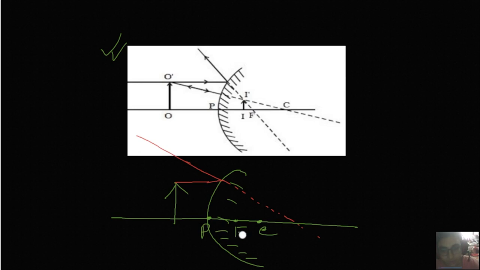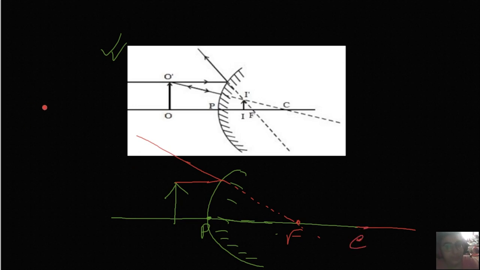I could not bring it to the focus, so I'll just change the focus. But when you are drawing, please draw it accurately to scale. Since I don't have a ruler, I have to just draw it normally. So what I can do is a little bit of back calculation, and I can put the focus here, and I can put the center of curvature here.